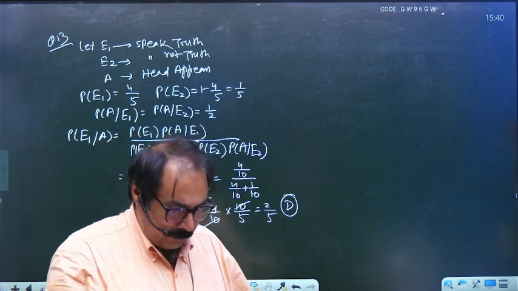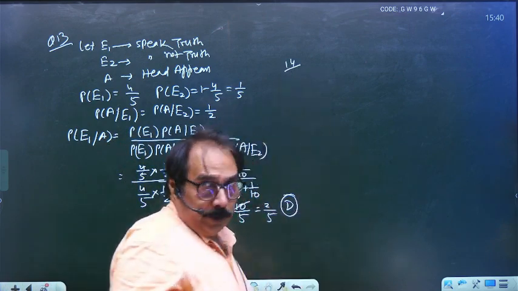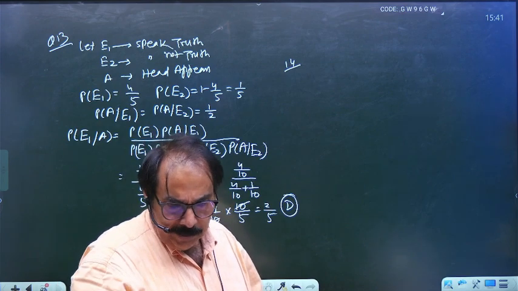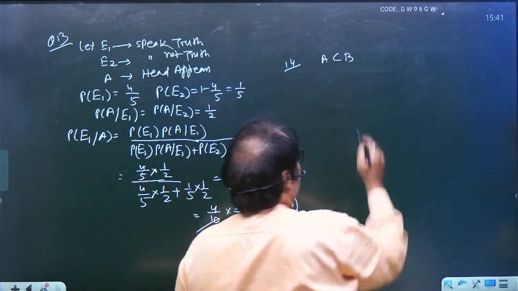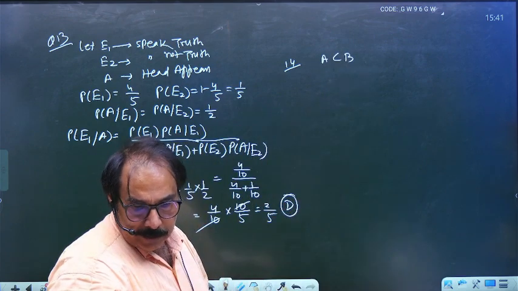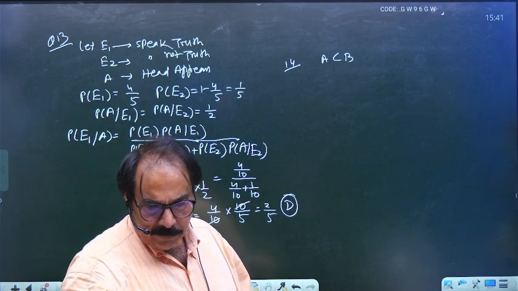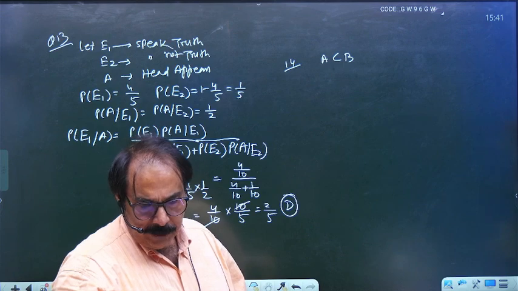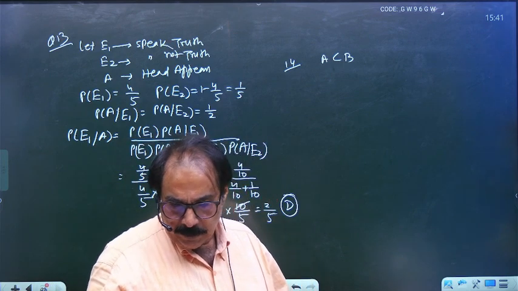So now the last question, number 14. The question says, if A and B are two events such that A is a subset of B, and B is not equal to 0, which one of the following is correct? Probability of A by B is equal to probability of B into probability of A, it is false.